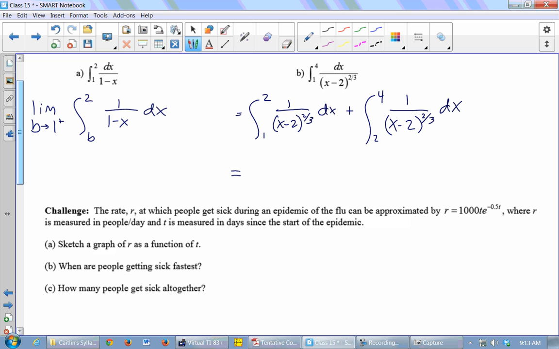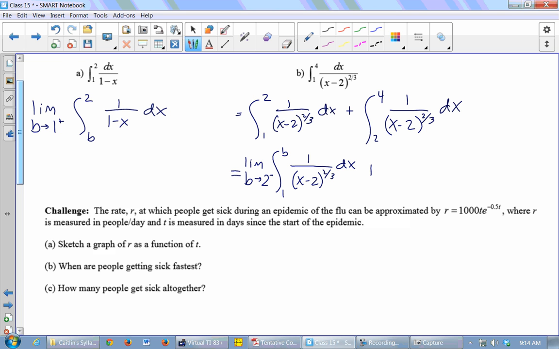So in both of these, I'm going to replace the 2 with a constant and then let the constant approach 2. Take the limit as the constant approaches 2. So this will be the integral from 1 to b. And then just take the limit as b approaches 2. And we're going to be approaching 2 because instead of going from 1 to 2, we're going from 1 to b, which is a little shy of 2. So we're going to be approaching 2 from the left.